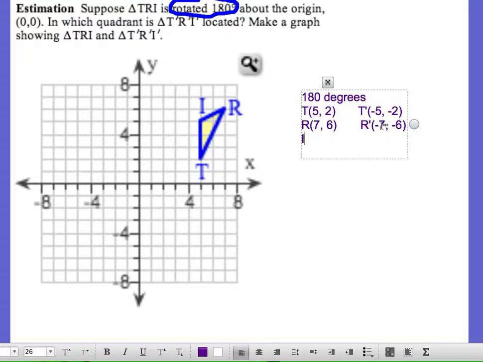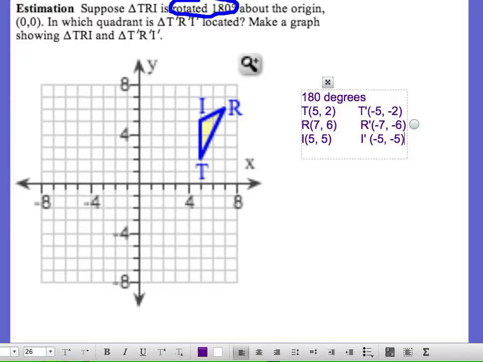And I is at 5, 5, which will make I prime at -5, -5.